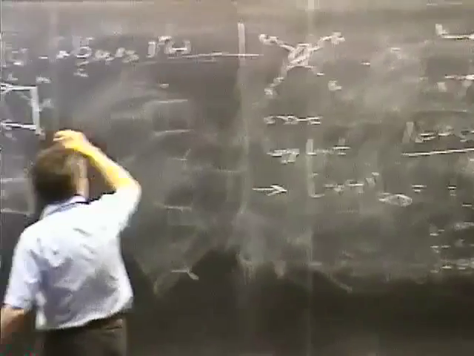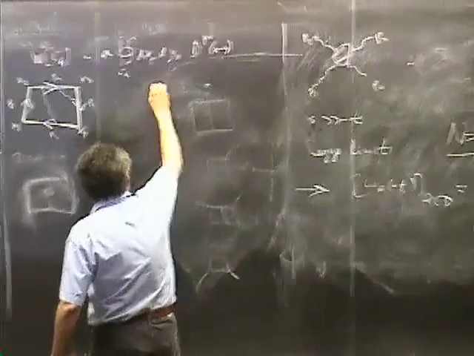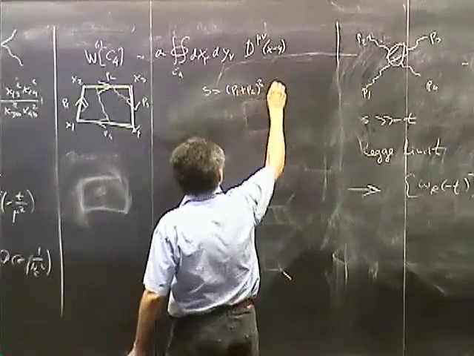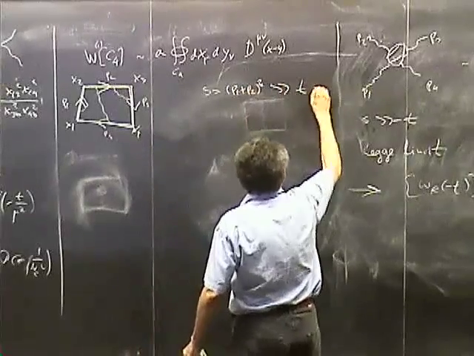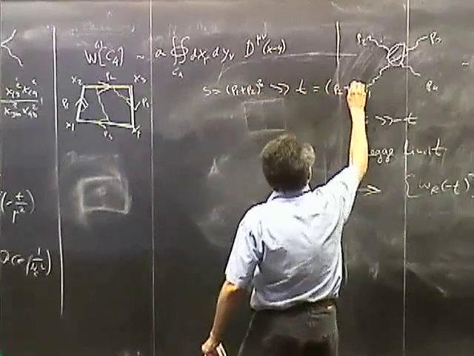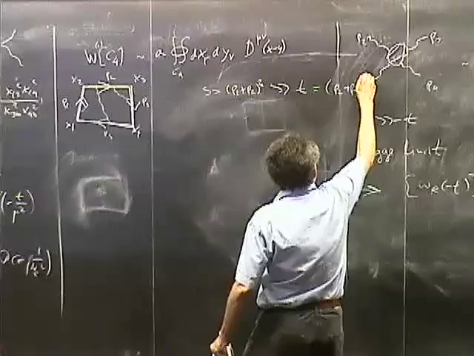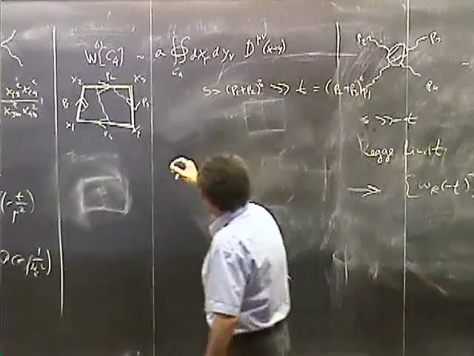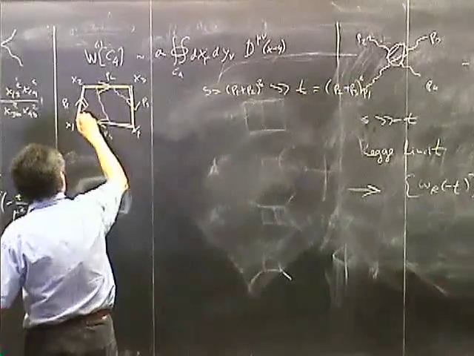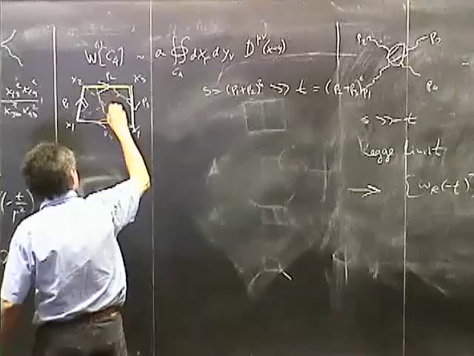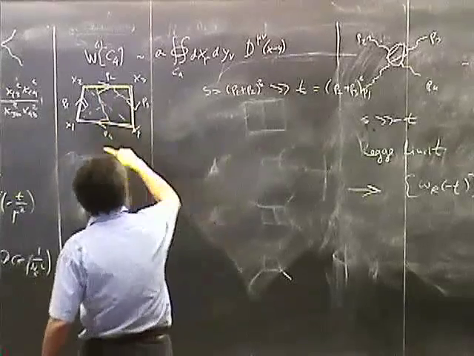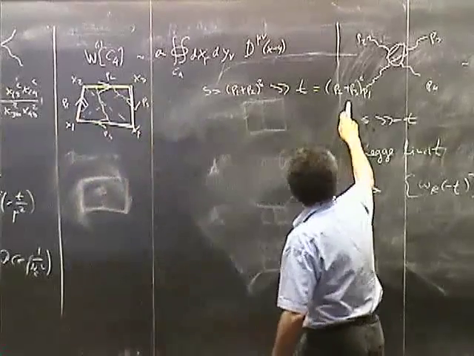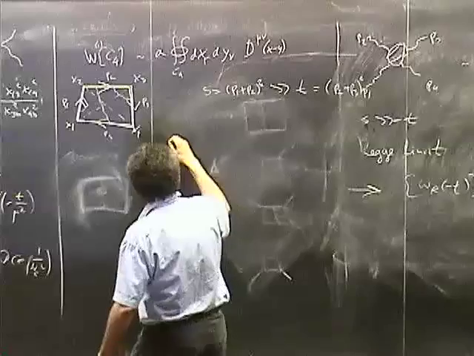The Regge limit from the point of view of momenta corresponds to the situation when S, which is P1 plus P2 squared, is much bigger than T, which is P2 plus P3 squared. So what does it mean from the point of view of this contour? It means basically that if you look at this contour and these two diagonals, in this limit one of the diagonals, namely this one, will be much bigger than the other diagonal. So this Wilson loop will be squashed.